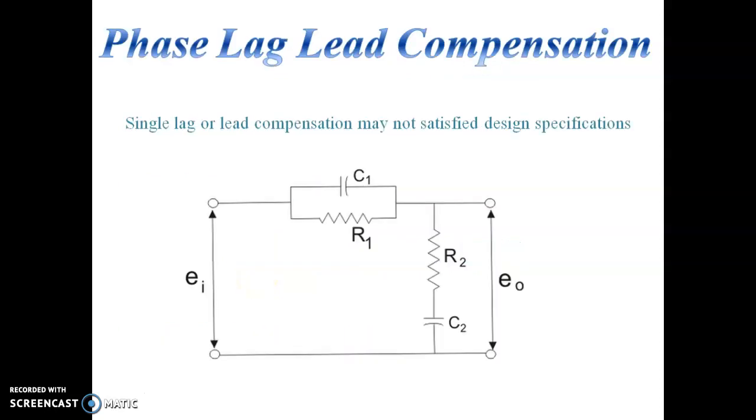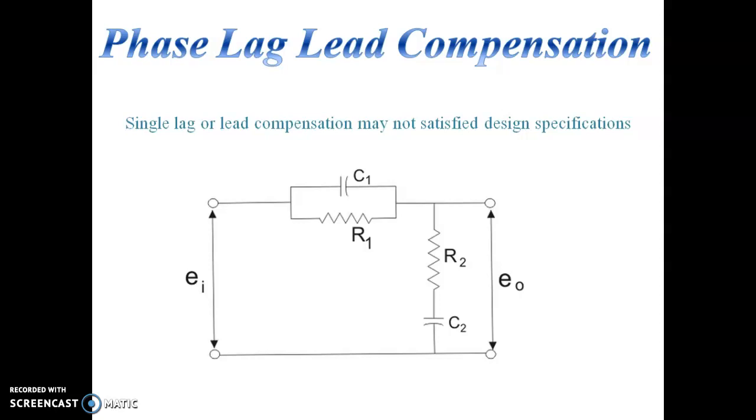So next is phase lag lead compensation, that is a combination of lag and lead compensation. Why are we cascading both? That is, a single lag or lead compensation may not satisfy design specifications.